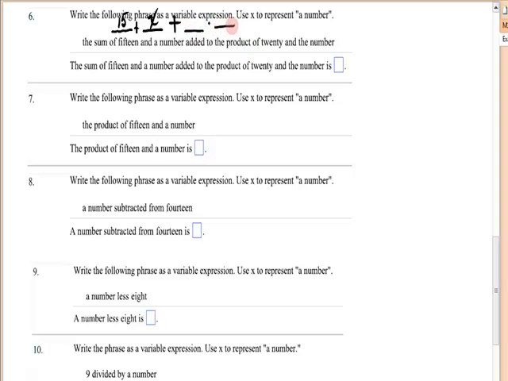Product means multiply. Product of 20, put it in the first blank, and means jump to the second blank, x. So I'm going to rewrite this to make it a little more legible. It is 15 plus x plus 20x. Some of you may recognize that that expression could be simplified, but we haven't studied that. So all you're doing is translating. This is the sum of 15 and a number added to the product of 20 and the number.